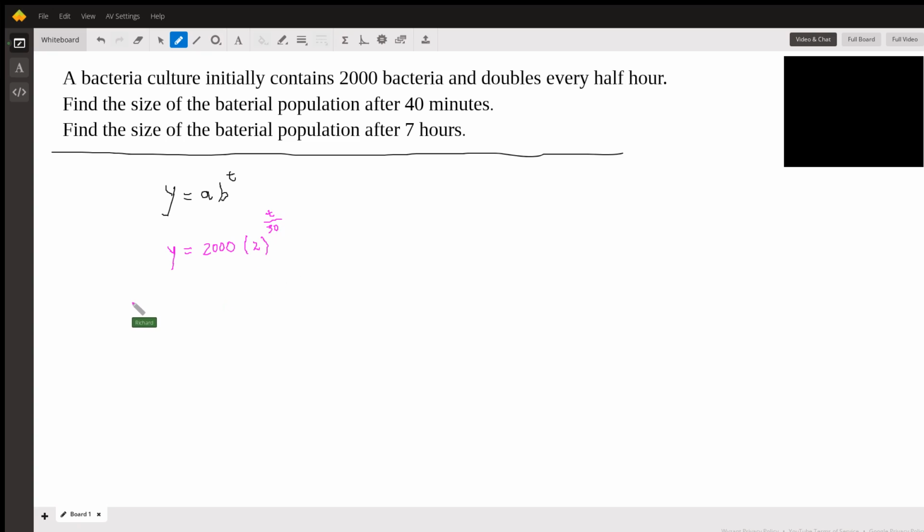Okay, so now we're ready to answer the question. So for part A, we want t is 40. So y would be 2,000 times 2 to the 40 over 30. And we just put that into our calculator. So 2 to the 4 thirds.